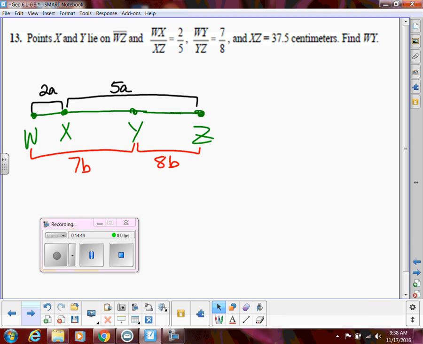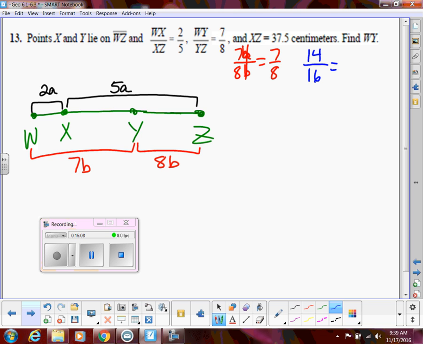Those variables are just placeholders, because remember, if I would do 7b over 8b, the b's would cancel, and I would get that reduced proportion of 7/8. The b is not necessary, but I don't know if there's a multiple. Because if b is 2, then that would have been 14 over 16, which reduces also to 7/8.